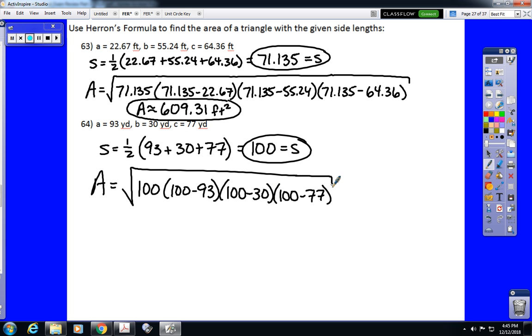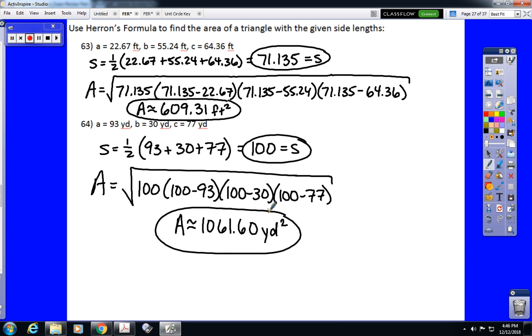So we do 100 minus each of the side lengths. That's 100 times 100 minus 93. We're typing this in the calculator. And that area is 1,061.60 square yards. That does it for the main review packet.